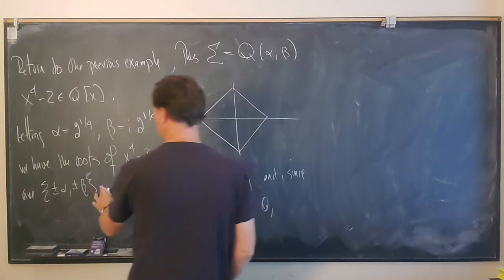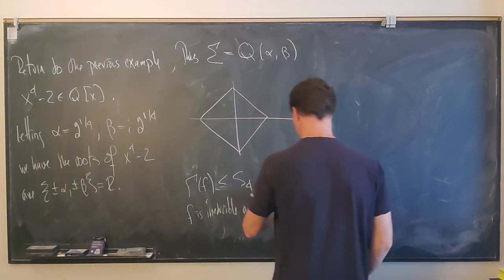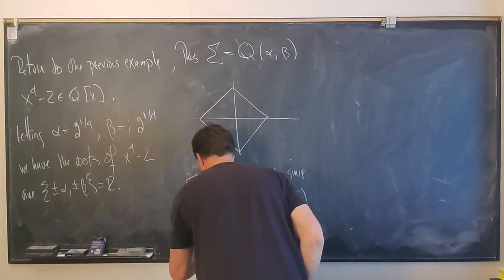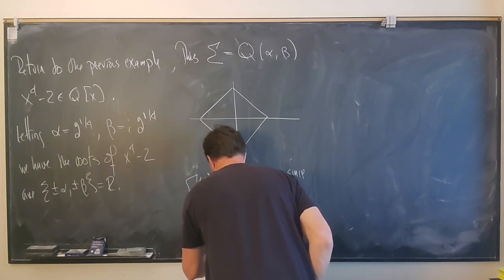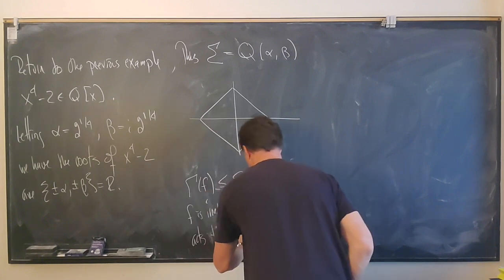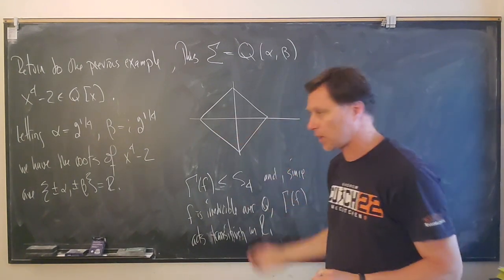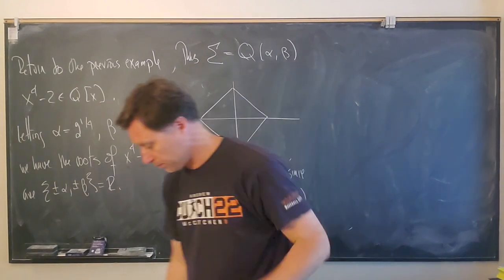In fact, let's call this capital R here. So gamma of f acts transitively on capital R. So there has to be an element that takes alpha to minus beta. There has to be an element that takes beta to alpha.